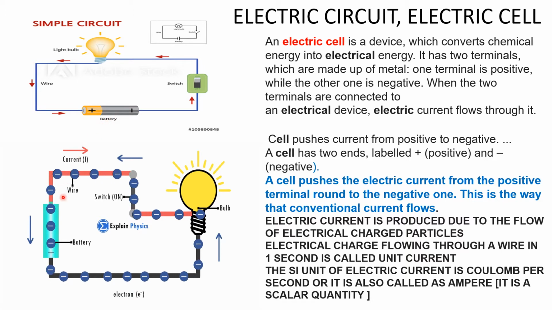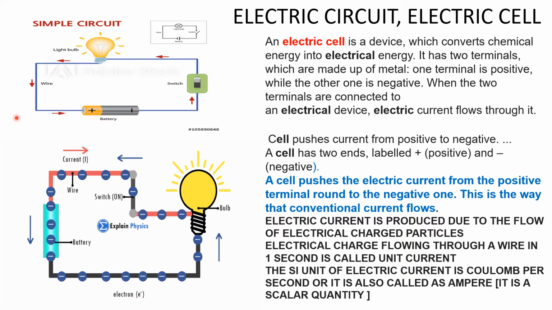The main function of various electrical cells is to maintain a constant potential difference across the two terminals, that which we know as the positive terminal and the other as the negative. This constant potential difference triggers the electrons to move unidirectionally and in turn makes the current flow through the wire.